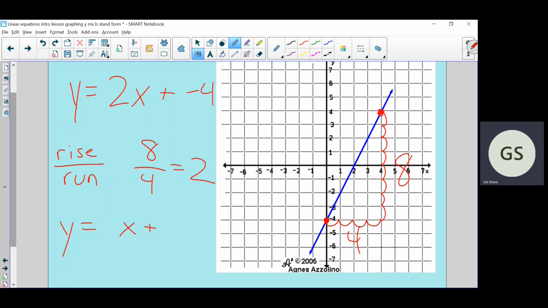You're creating an equation. So where are you starting from on the line? What's your starting point on the line? Well, that's not on the line. There, that could be a starting point.